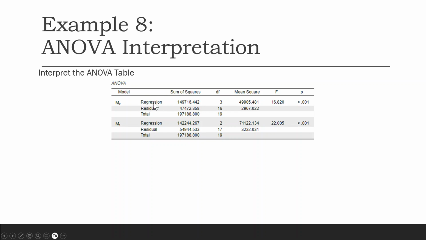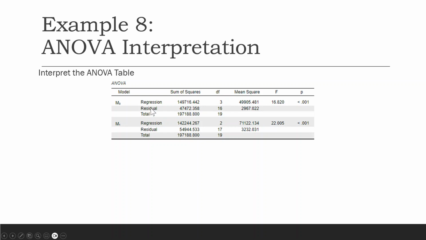So this row here, for that first model that had 3 predictors, is basically giving us a measure of the variability due to the regression equation, right? So how far off are those things from the regression equation and things of that nature? Variance explained by the regression model is given in this first row. Remember, if we do sum of squares divided by degrees of freedom, we get the mean square.